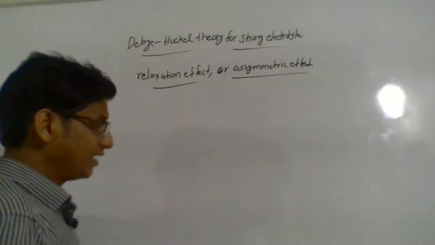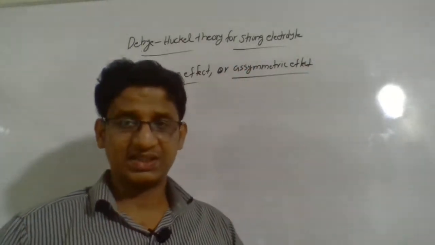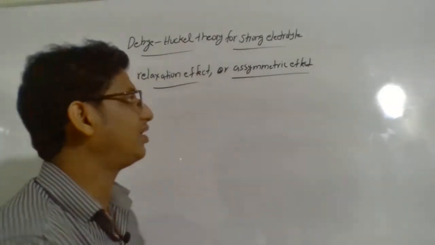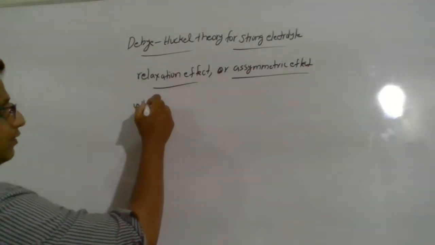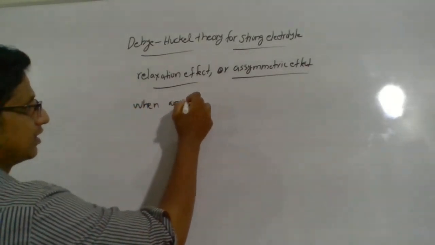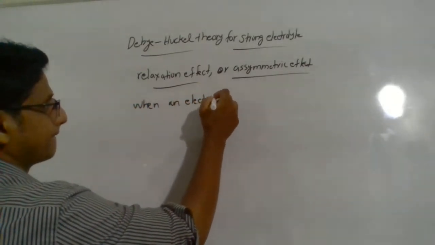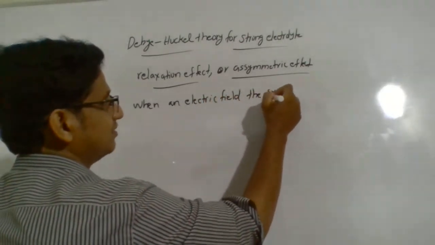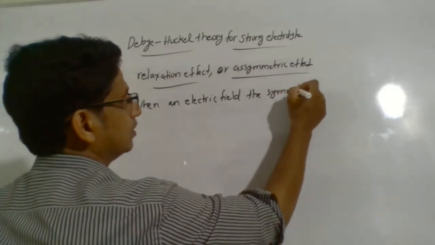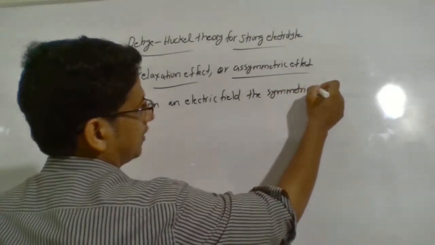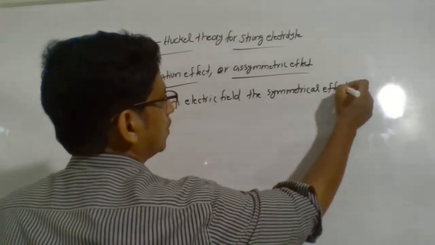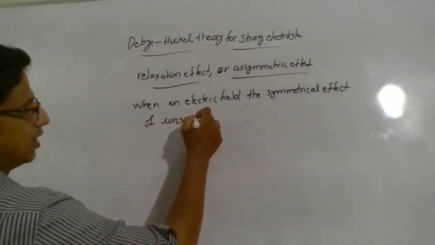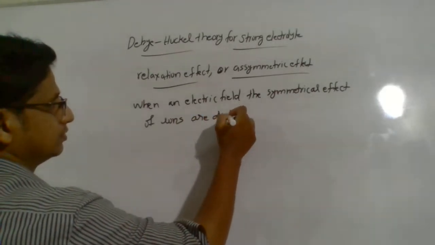So what is asymmetric effect or relaxation effect? As the name suggests, the symmetry is lost when an electric field is applied. When an electric field is applied, the symmetrical effects of ions are disturbed.